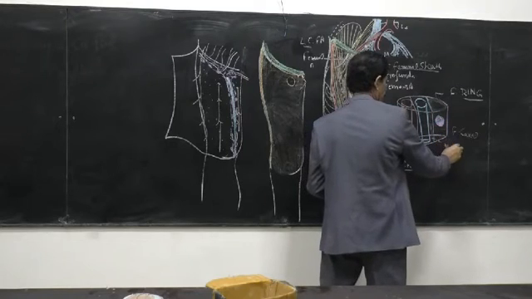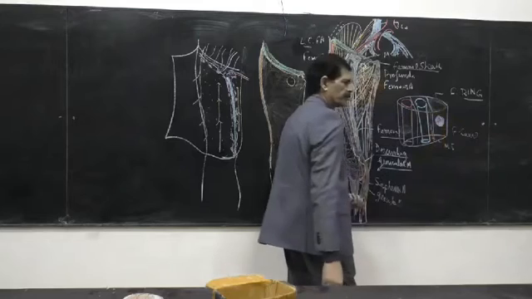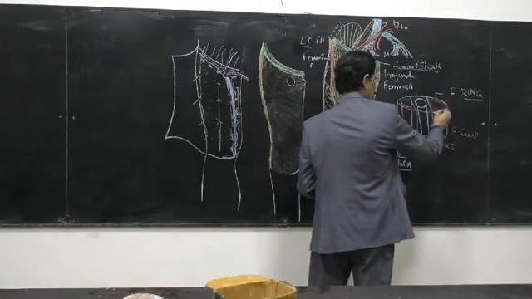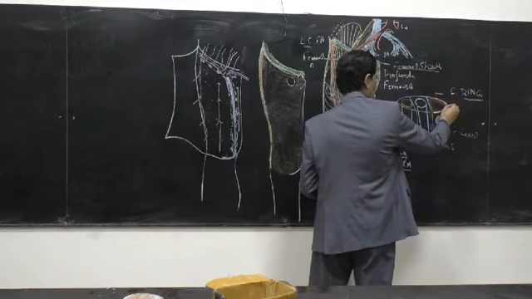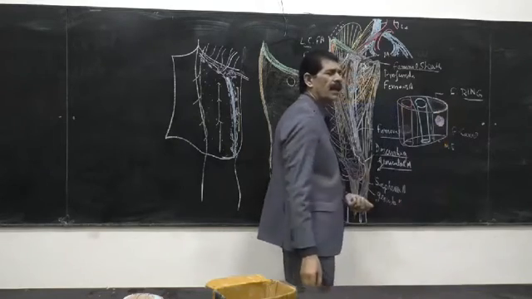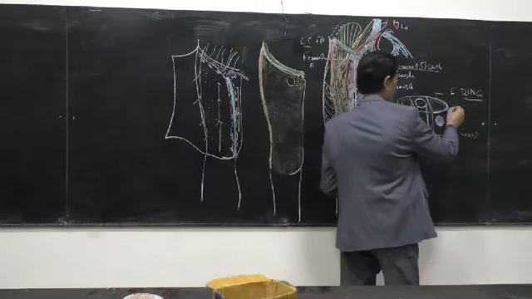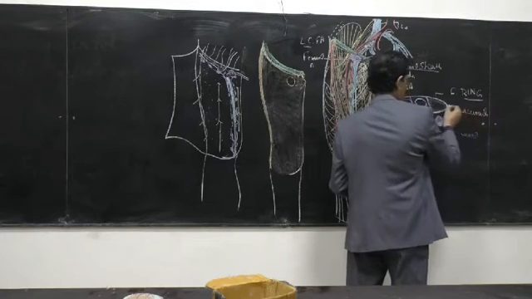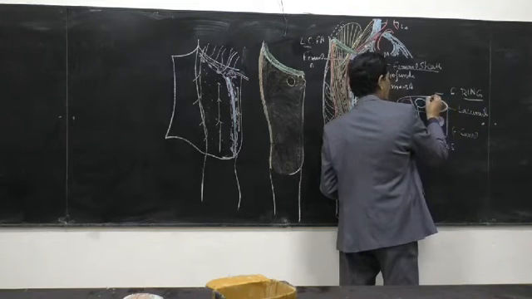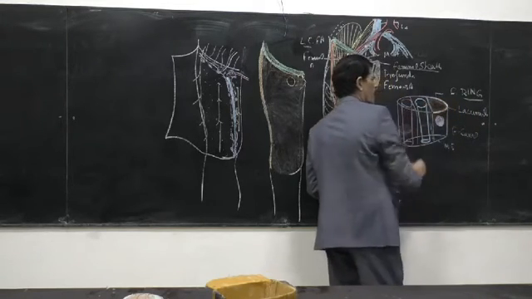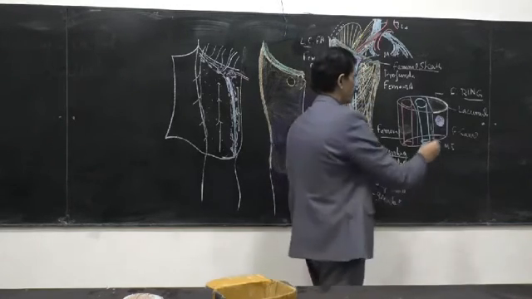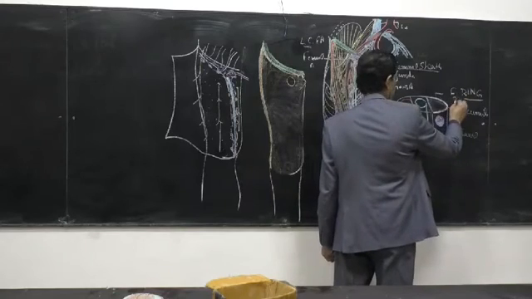The medial boundary of this ring is formed by the lacunar ligament. And the posterior boundary of the femoral ring is formed by the pectineal ligament.